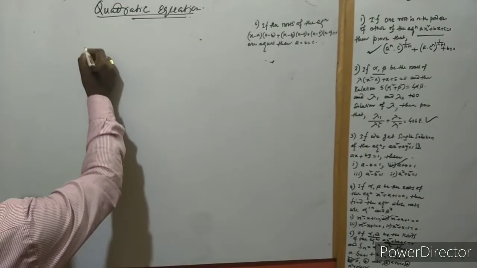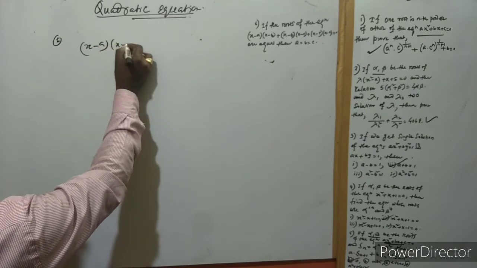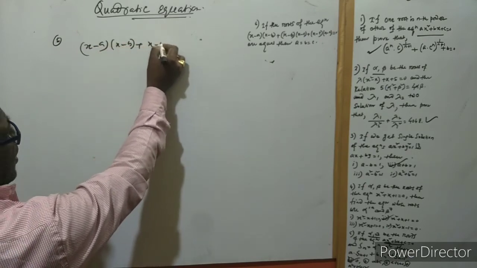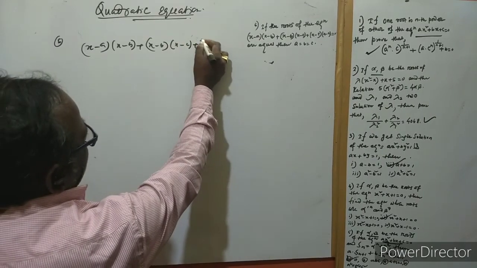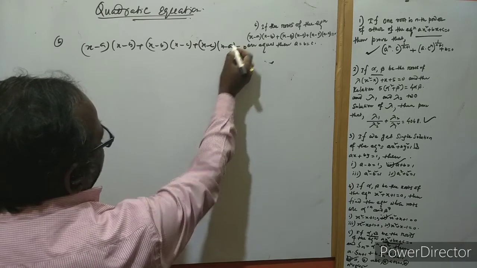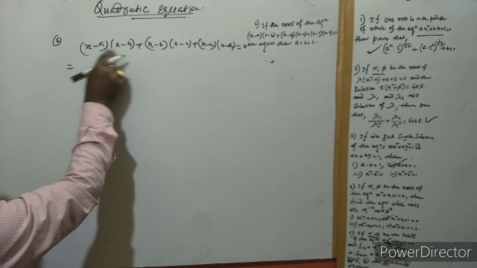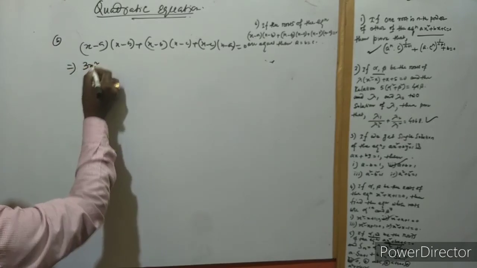Given that this equation is 6 here, (x minus A)(x minus B), (x minus B)(x minus C), (x minus C) and (x minus A). Students, see how we can easily multiply these equations. See, x square, x square, x square, so you can write here 3x square.